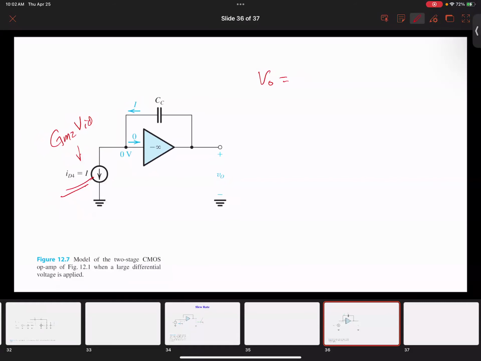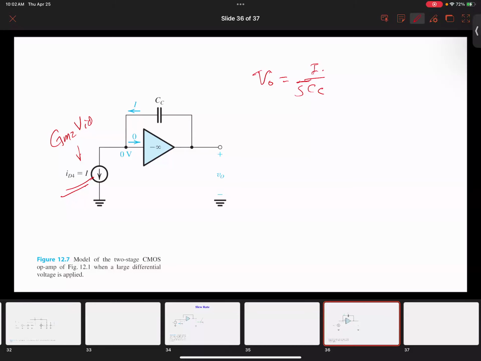You write the frequency domain equation that VO equals this I divided by SCC, which is the rising rate.